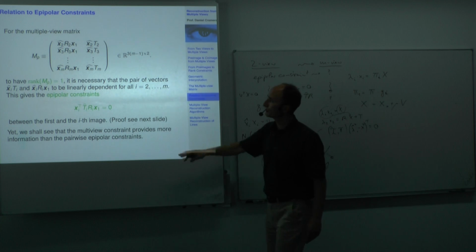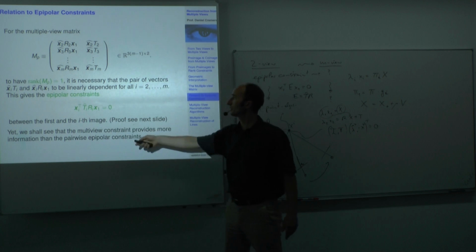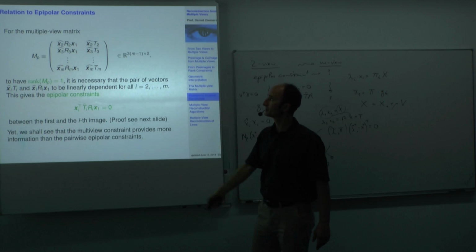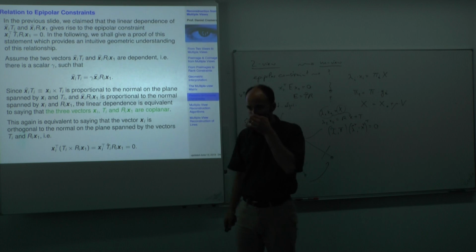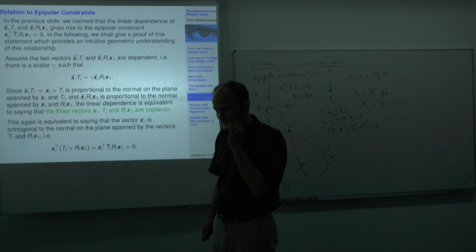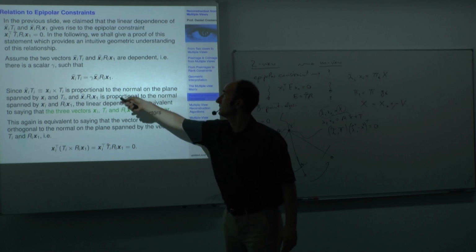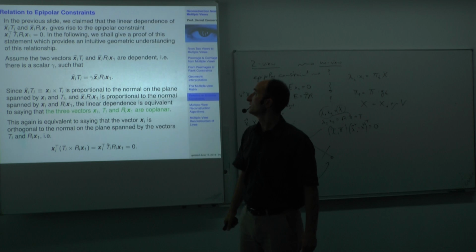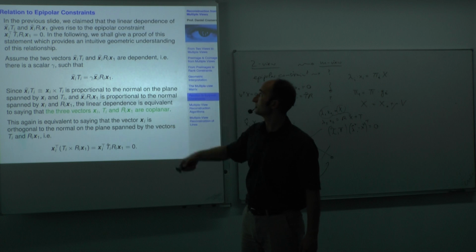So I want to show you now that this leads to the epipolar constraint, that the epipolar constraint is basically one sub result of this rank constraint. So we said xi hat ti and xi hat ri x1 are linearly dependent. And we said that this gives rise to the epipolar constraint.